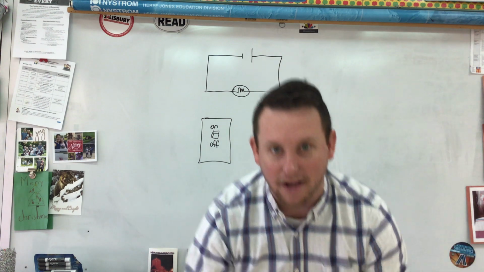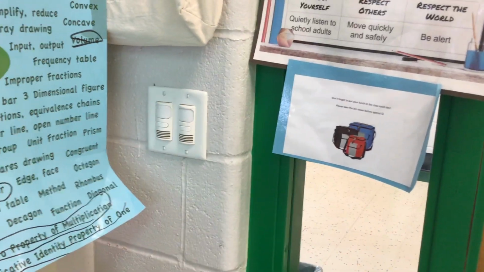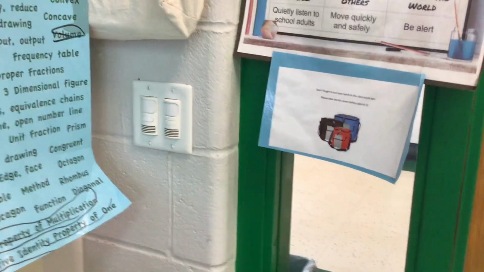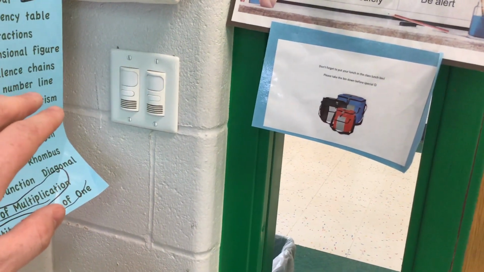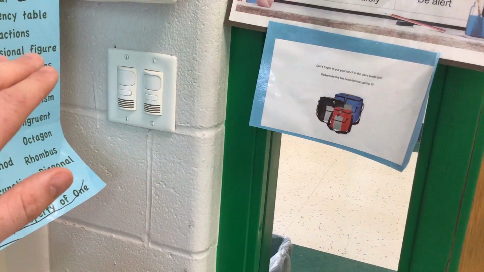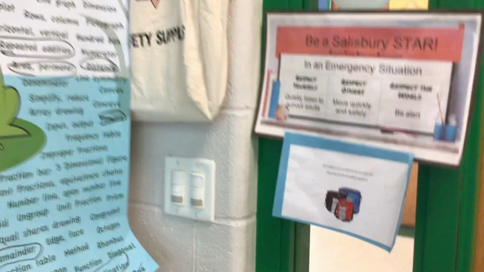Now, you'll notice in my classroom, I'm going to bring you over here real quick, that we actually have a fancy switch. These are motion detectors and they are a little bit different. If I wave my hand in front of it, it senses my hand there and turns on the lights. That way, if no one's in the room, there is no light.